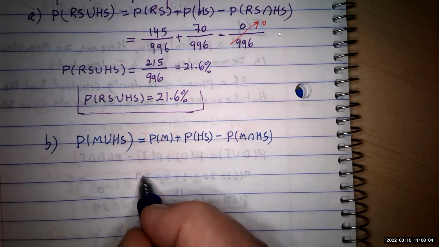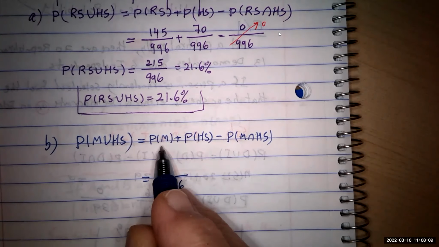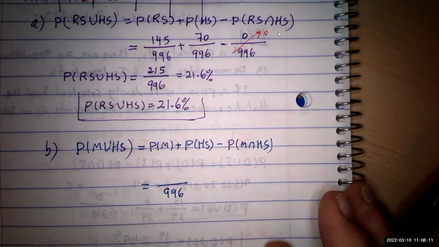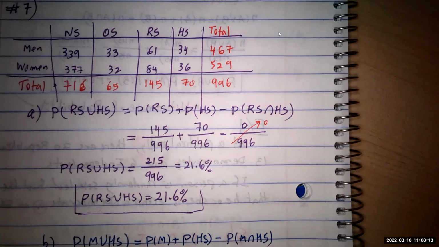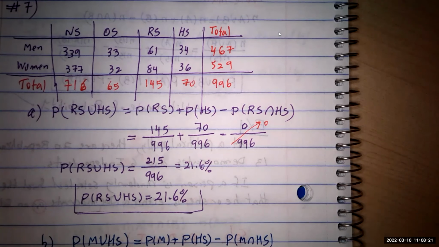Go back to the formula, again, you get it. It's going to be equal to the total, 996. How many men do you have? What is the total number of men?